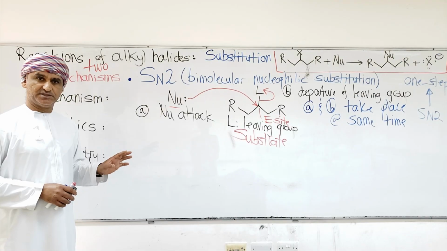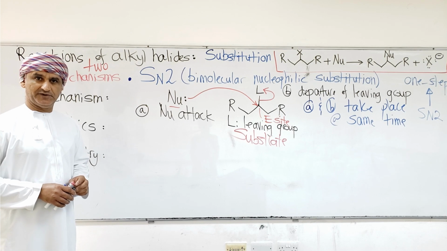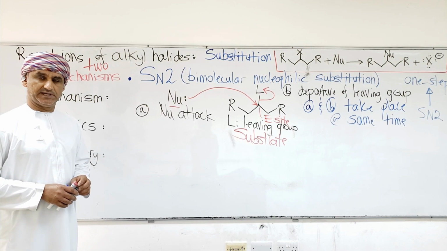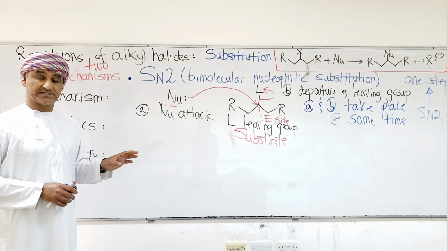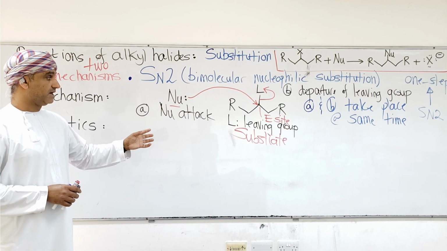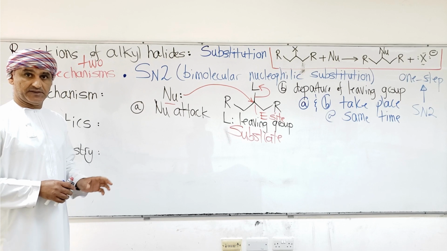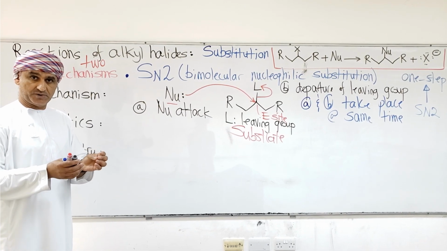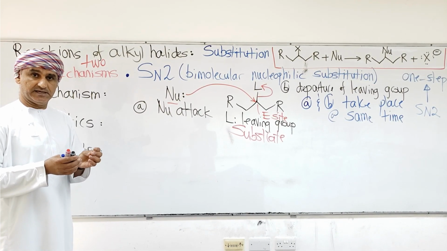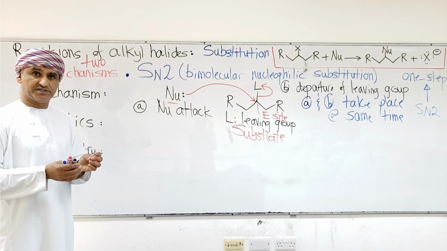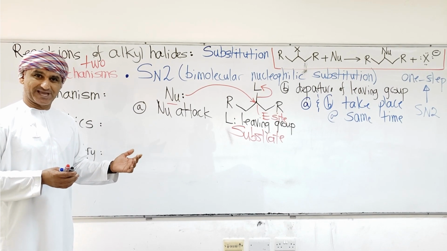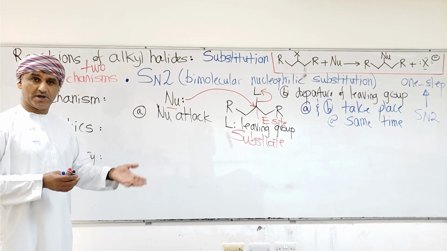So in the SN2 mechanism, the nucleophilic attack and the departure of the leaving group take place at the same time. So therefore, the two reactants, the nucleophile and the substrate, are both important in the determination of the rate of the reaction, how fast the reaction will go or how slow.